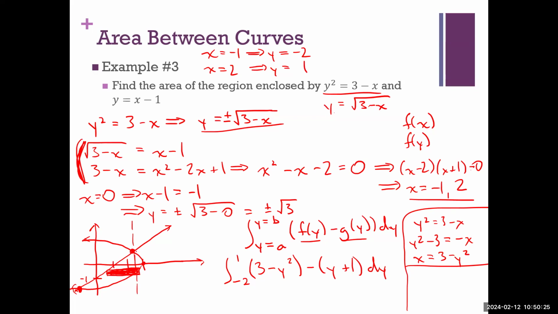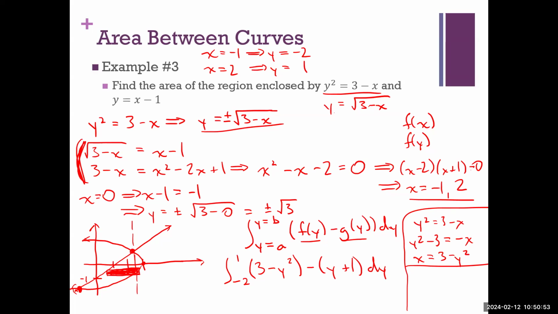This square root right here is not a function of x. So after I cross this vertical boundary line, I would have to set up a second integral, which you can do. It just takes a little more time. But that's exactly why I pushed us towards doing this integral in terms of y, so we could only do one integral.